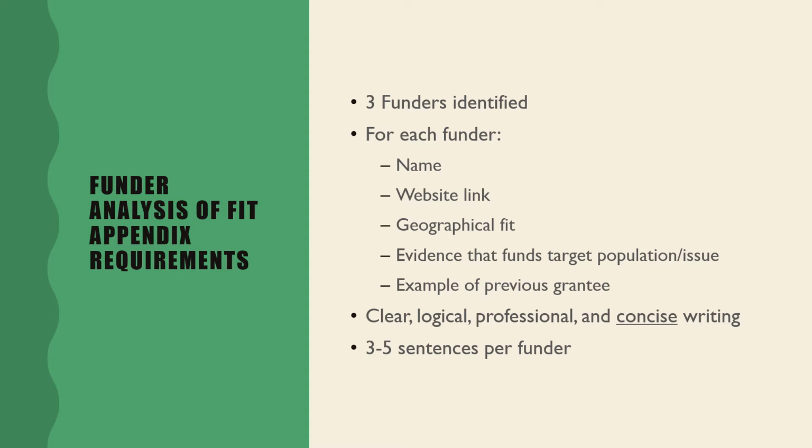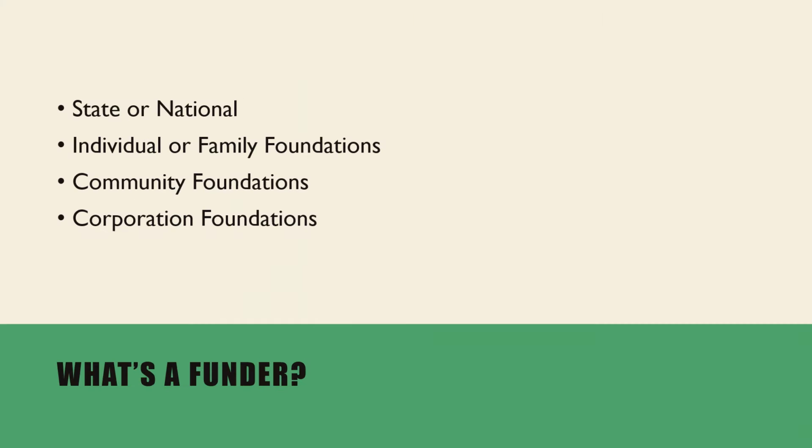For example, they fund nonprofit agencies in Colorado. Provide some evidence that they fund your target population or issue, and give one example of a previous grantee. Again, we're looking for very concise writing here, and it's going to end up being just a few sentences per funder, again in worksheet form, which I'll explain.